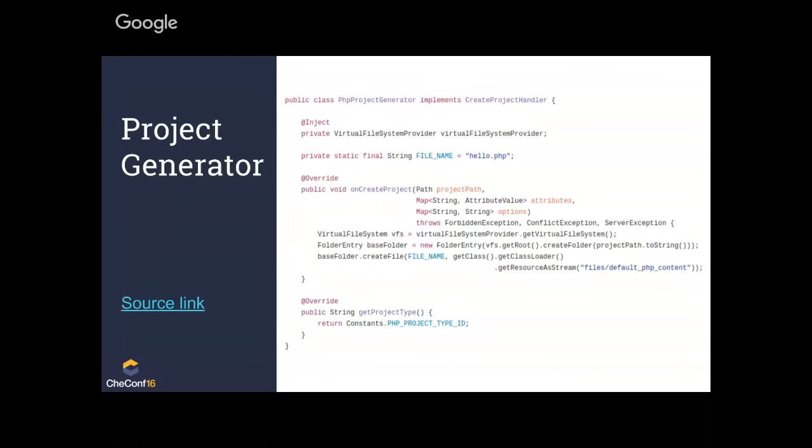We add a new folder for the new project, and then we create a file like hello.php with some default content like hello world. The virtual file system is retrieved by the respective provider, which is injected in this same class. The dependency injection makes it really easy.